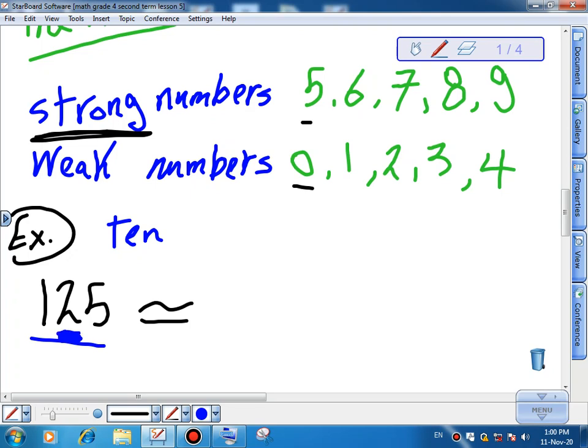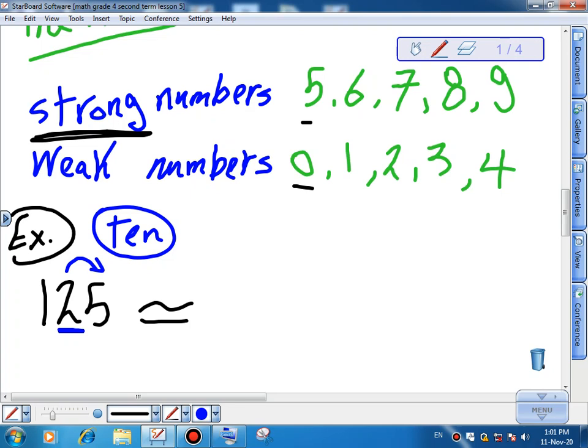Then the digit after it, which is the units place, is 5. So I make an underline like this under the number 2, under the 10th place. The number after 2, which is the units place, is 5.